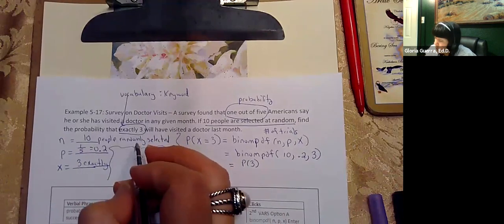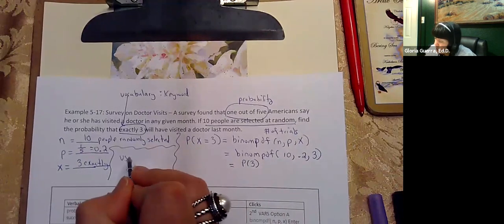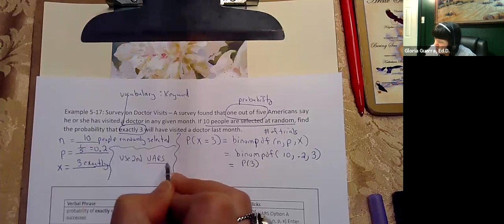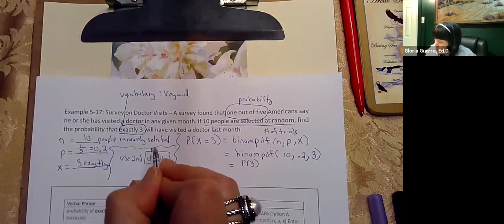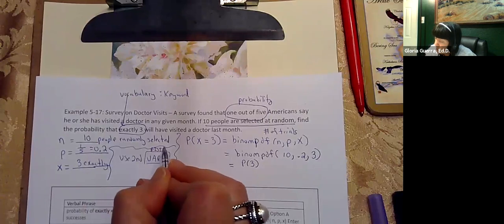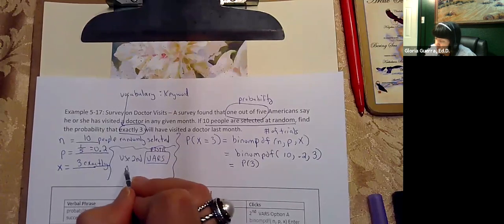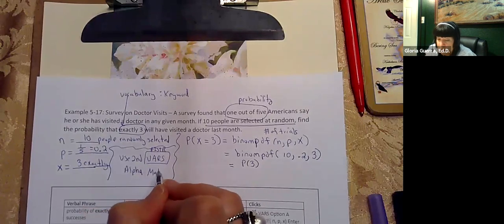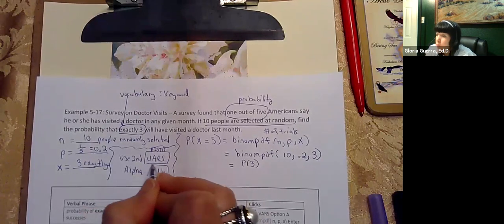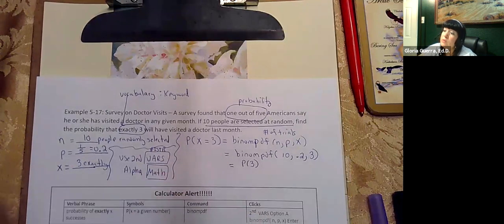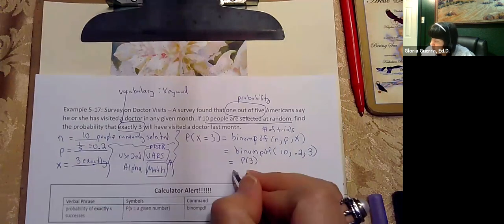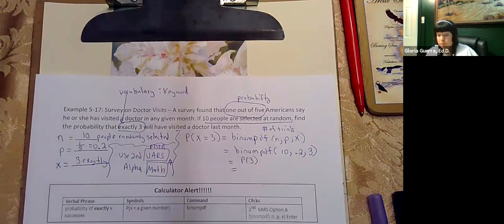you're making use of, again, second vars, alpha, and then math, because math was that option A. And then let's see what that probability is, okay?